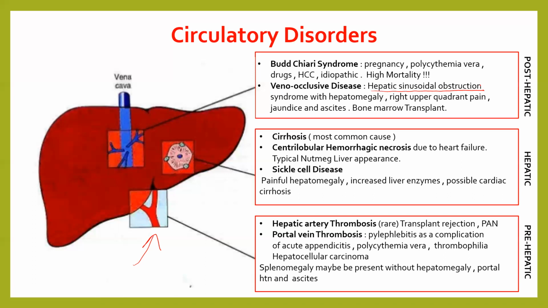It can occur as a result of complications in pregnancy, polycythemia vera, drugs, hepatocellular carcinoma, and can even arise through idiopathic reasons. Whereas in veno-occlusive disease, we see hepatomegaly, right upper quadrant pain, jaundice and ascites, and it usually arises as a complication of bone marrow transplant.